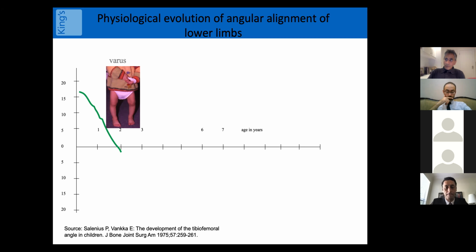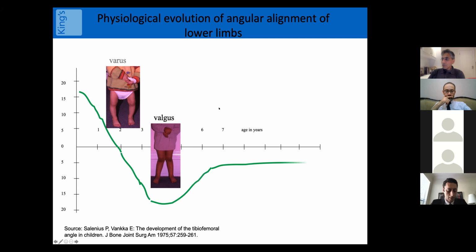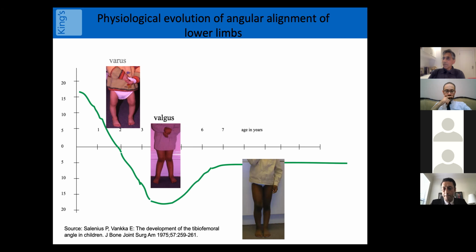Then we start going into valgus, called physiological valgus, which could measure right up to 15 degrees. It tends to resolve, again in the white population, between 5 and 6. By 7, they reach adult angulation, which is generally 5 to 7 degrees.